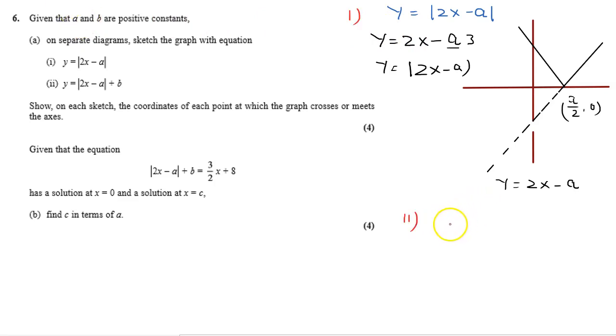Now the second part is y is equal to modulus 2x minus a plus b.